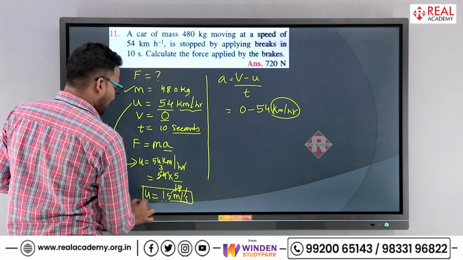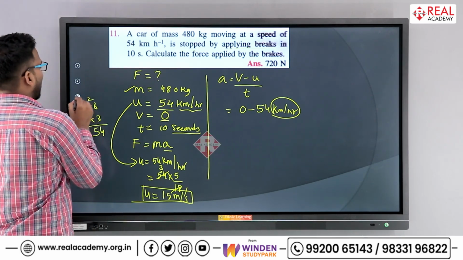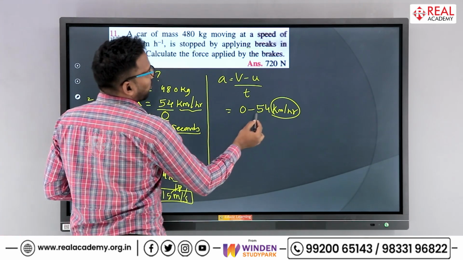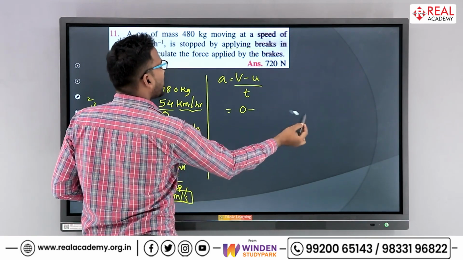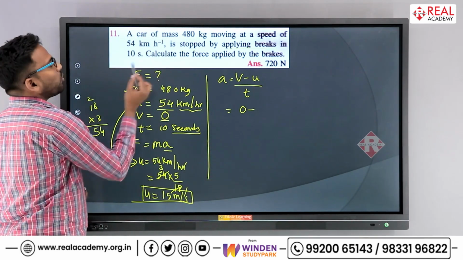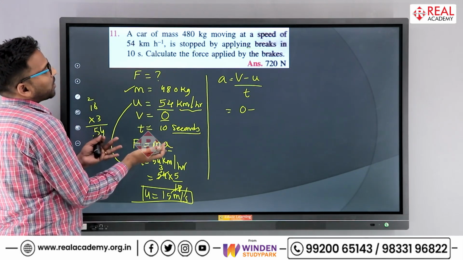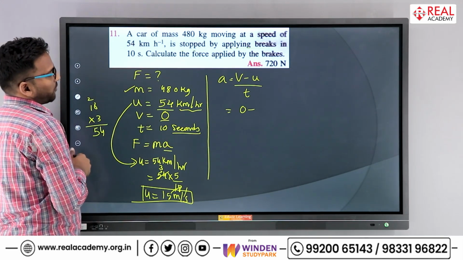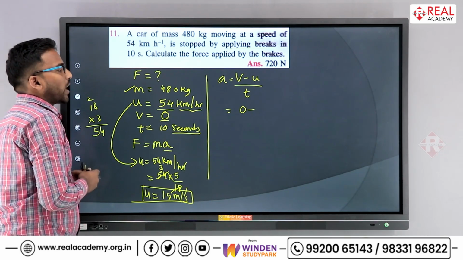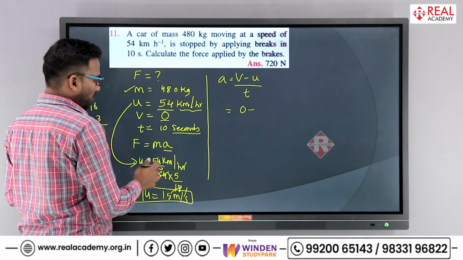So initial velocity is 15 meter per second. First convert this into meter per second, then apply it in the formula. It will be easier to convert it beforehand and then apply it.